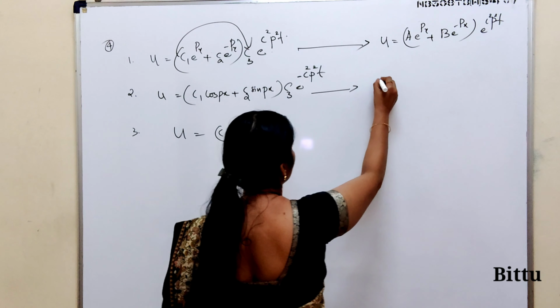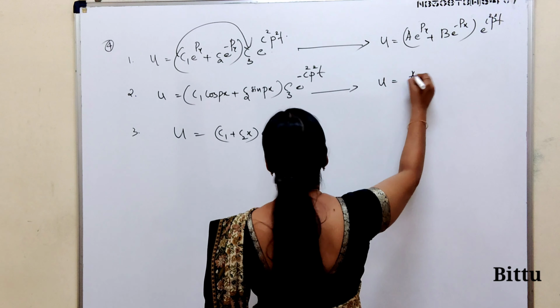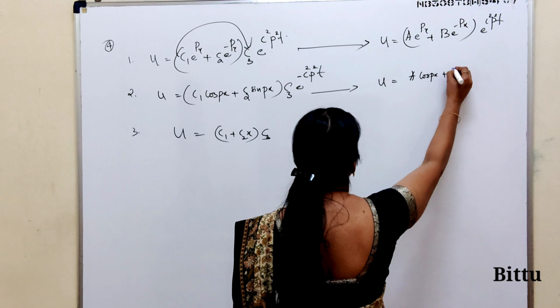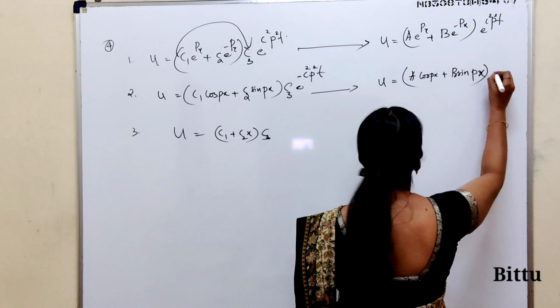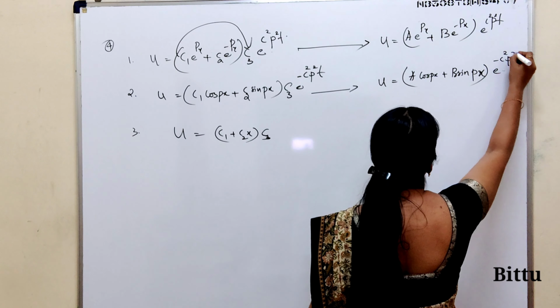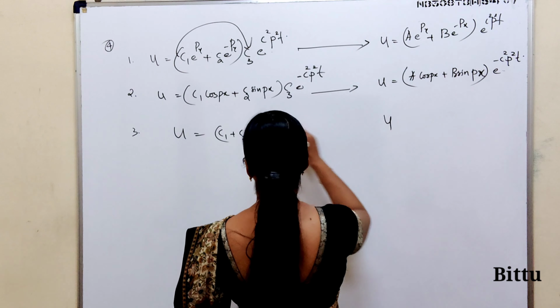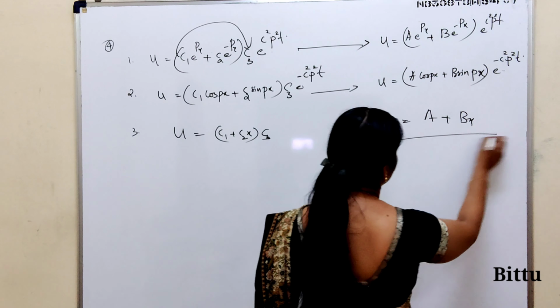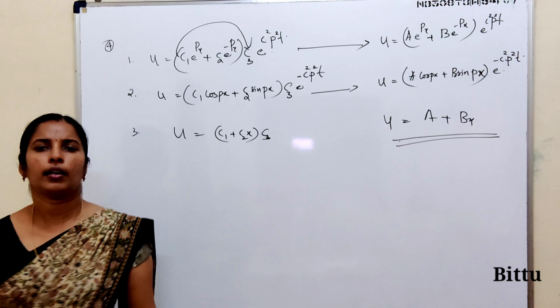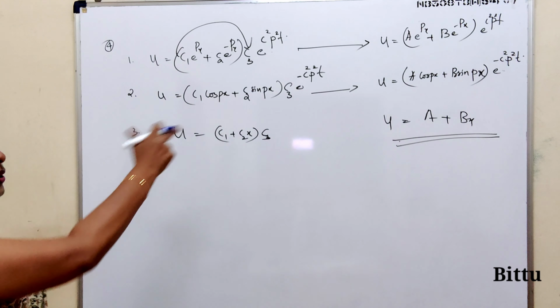Again, this equation can be written as u is equal to (A cos px plus B sin px) into e^(-c² p² t). This can be written as A plus Bx. It's not necessary to rewrite these solutions like that.